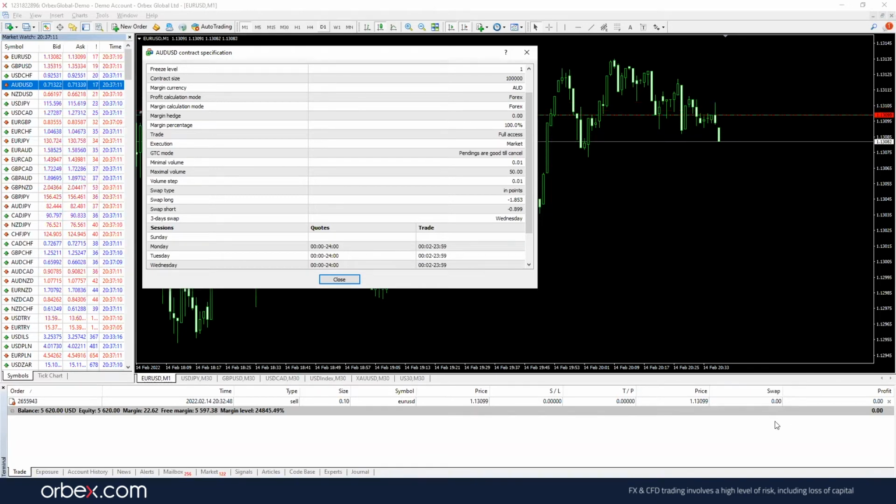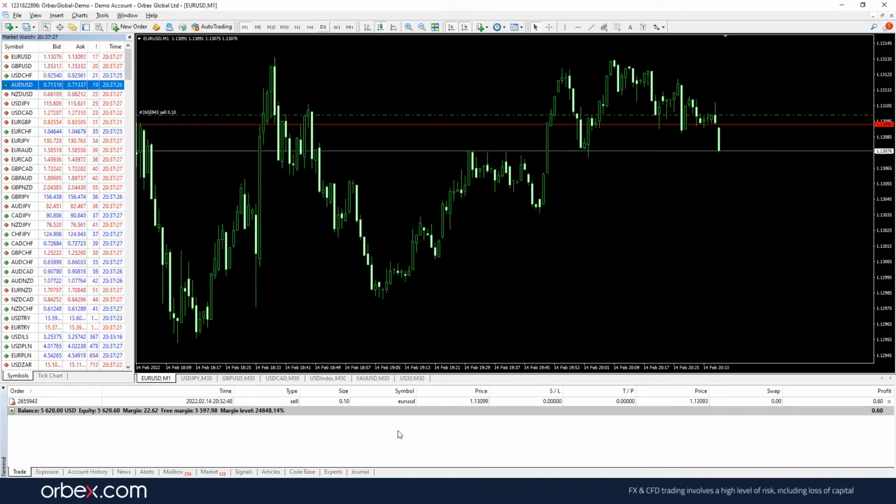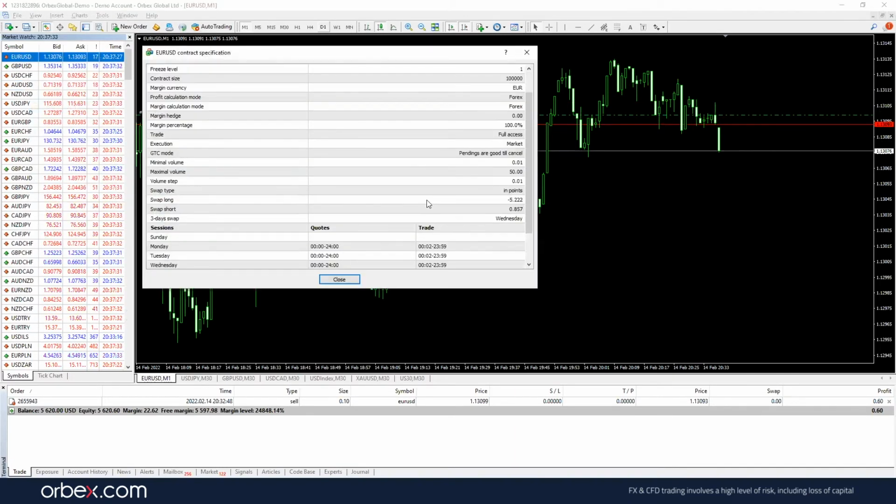It's because swap charges can actually change at any point in time based on what the broker is giving, and on top of that, based on the pip value and what you are looking at as well. So that's why we are seeing so many different swaps for different pip values, but just keep an eye on the specifications, and that'll give you a good hint.